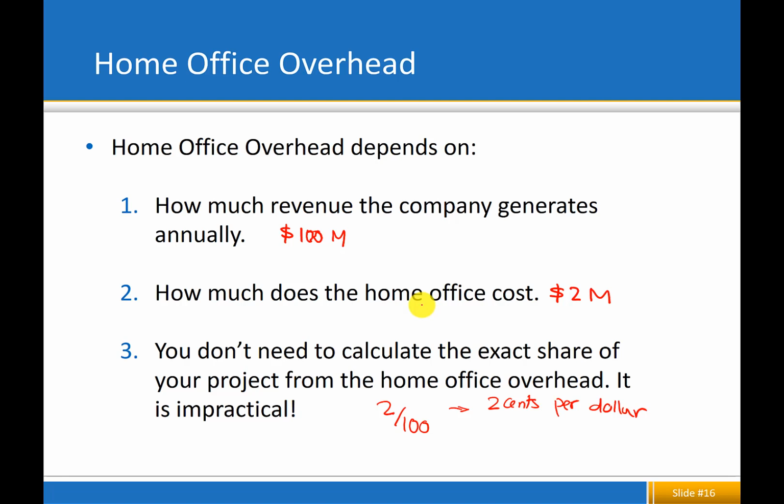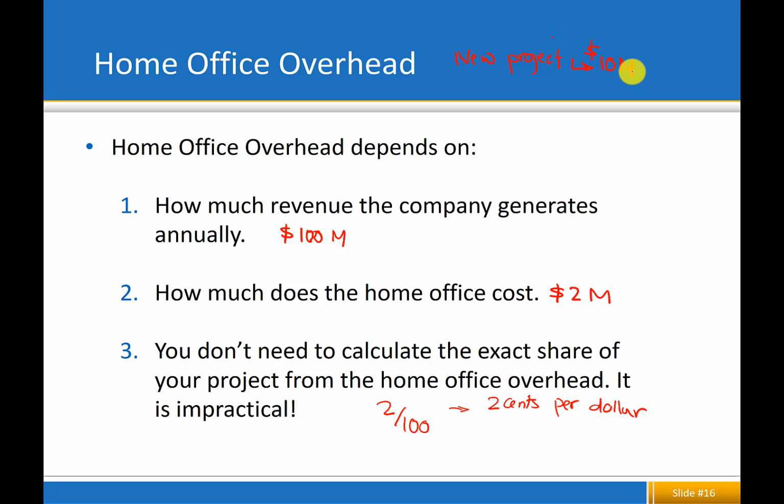Now let's say that you are about to place your bid on a project that's worth 10 million. So let's say that a new project is 10 million, right?